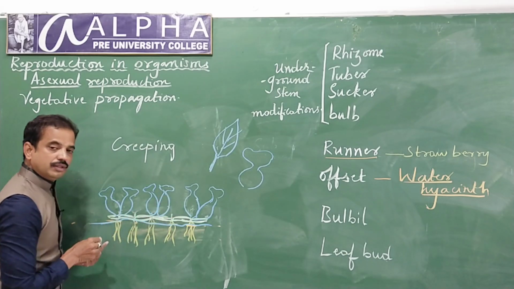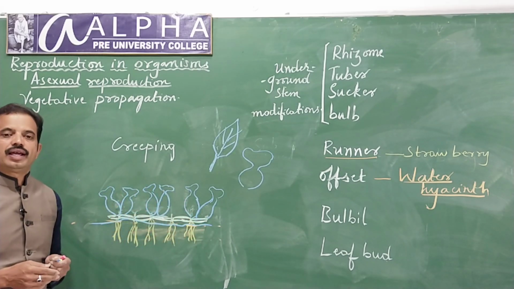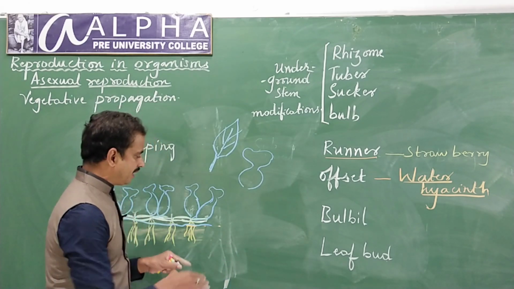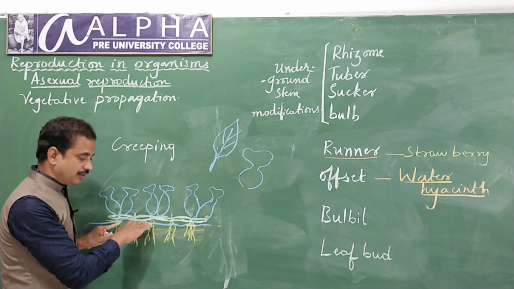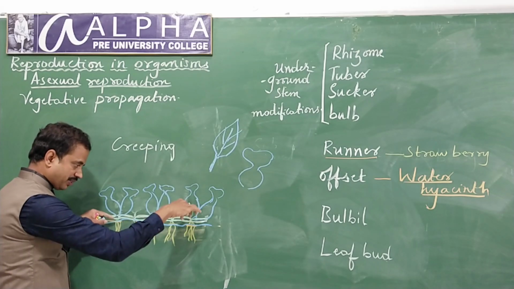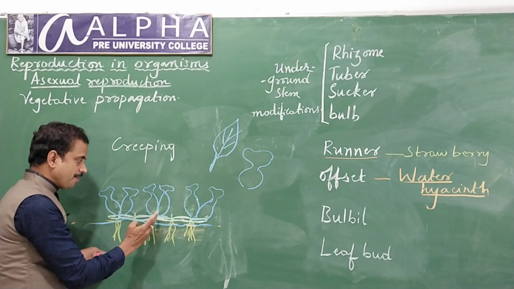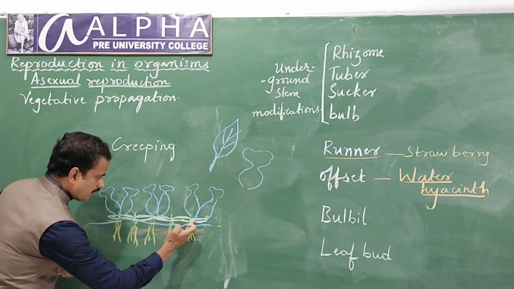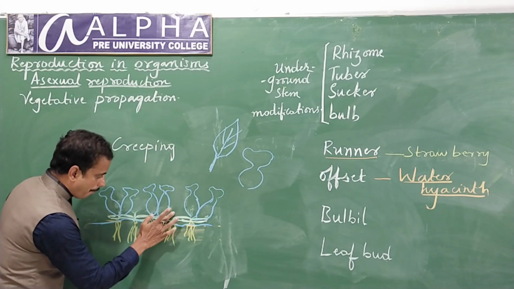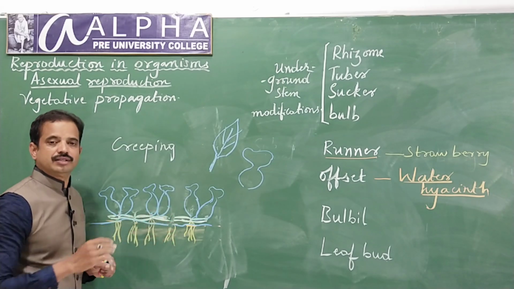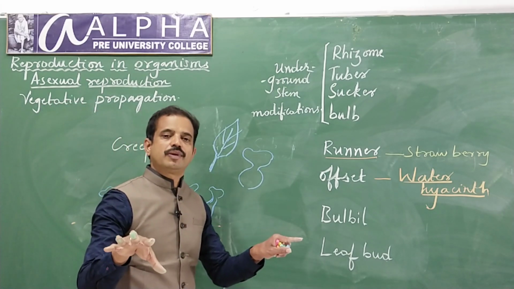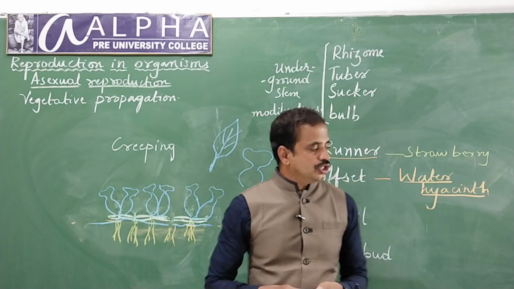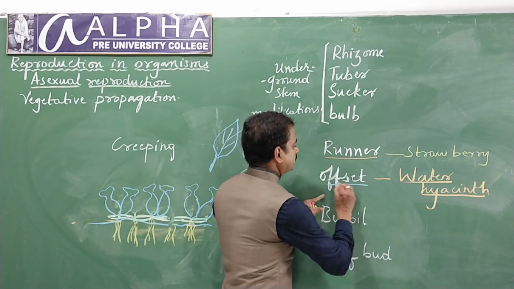So now this water hyacinth plant, which grows on the surface of the water, has a horizontal slender stem where there is a presence of adventitious roots and leaves growing towards the upper side, and this one internodal length of stem may break somewhere in the middle, and the fragments of the plant can grow into individual plants, and this stem is called an offset.